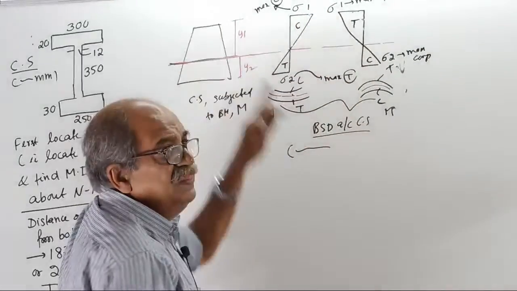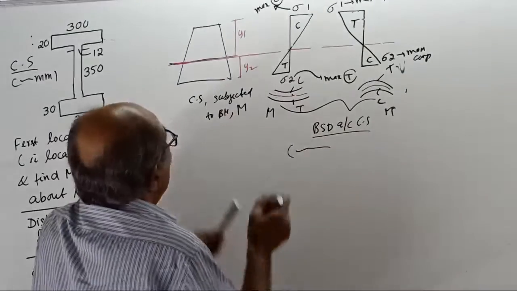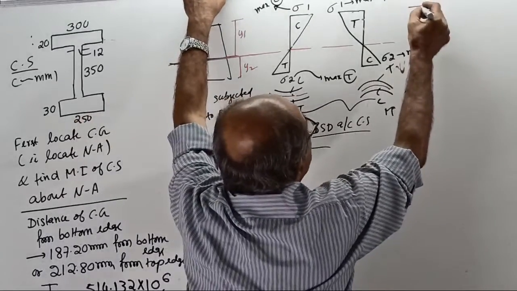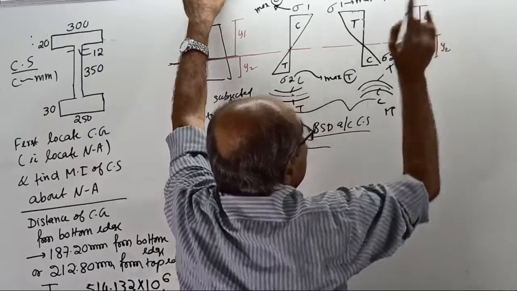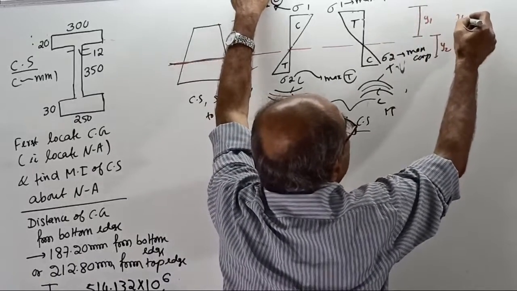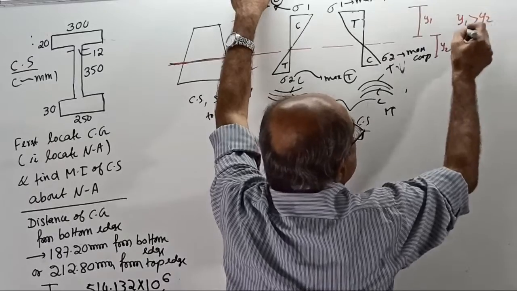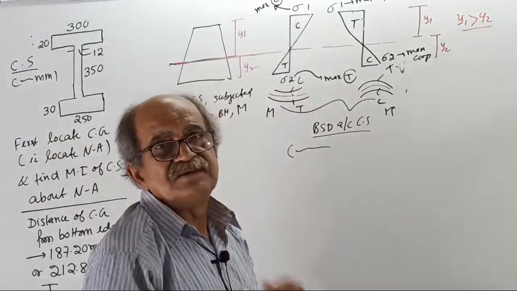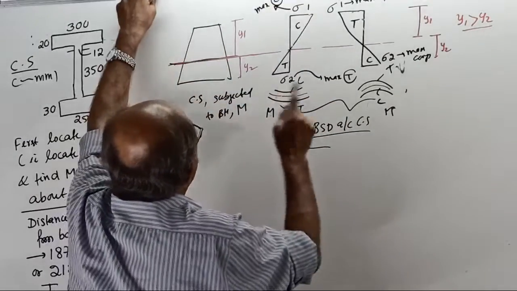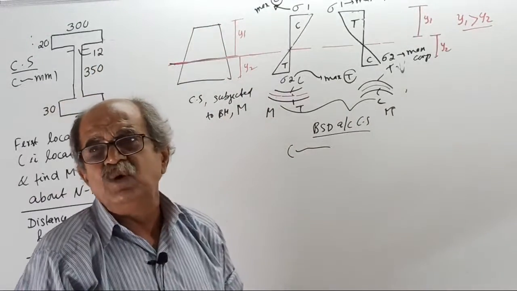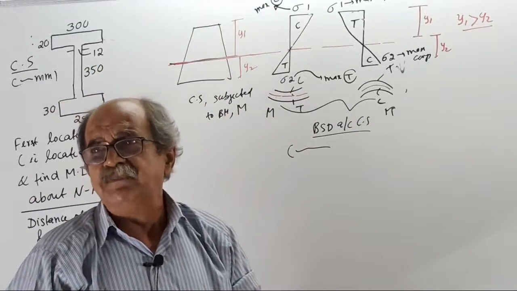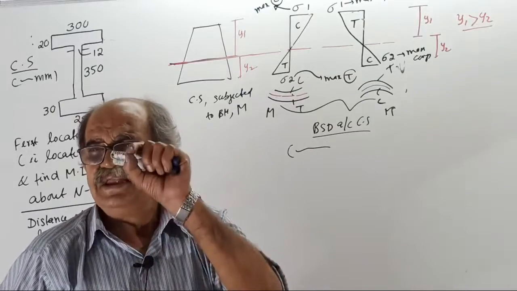Now, in this section, just imagine this is your y1, this is y2. Just to understand, imagine y1 is more than y2, but don't learn by heart. What I am telling today may finally become 10 pages for you. Write each and everything.